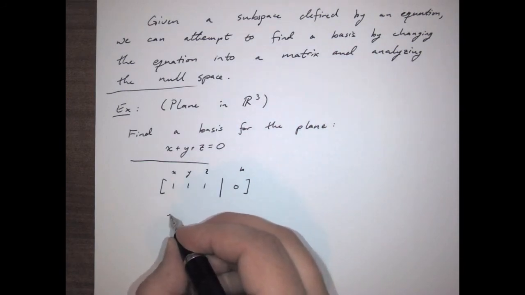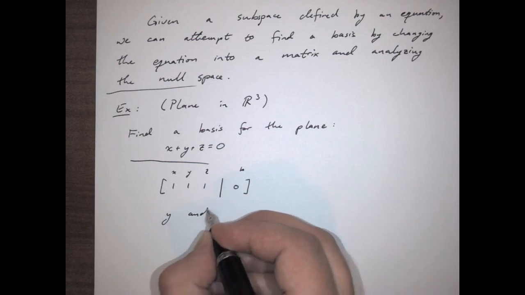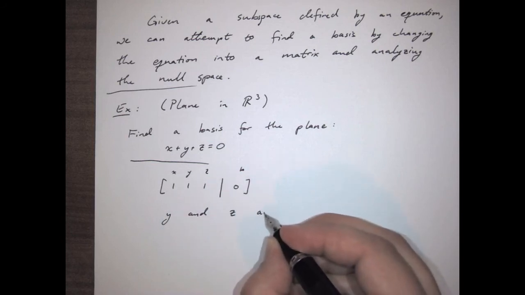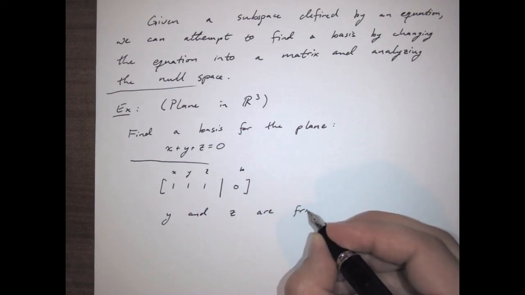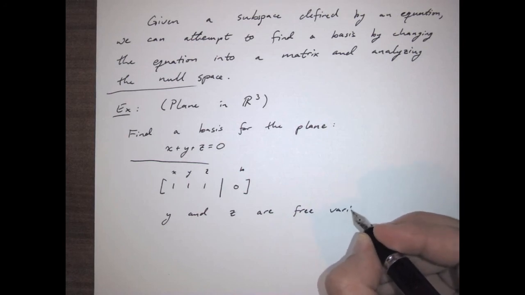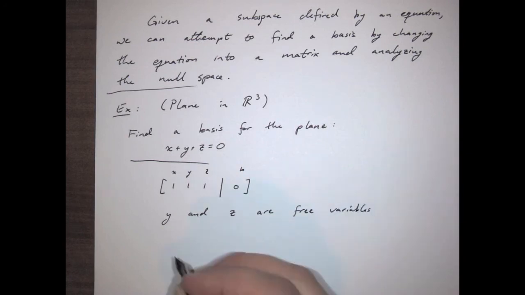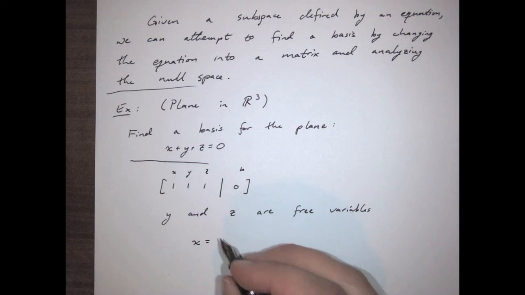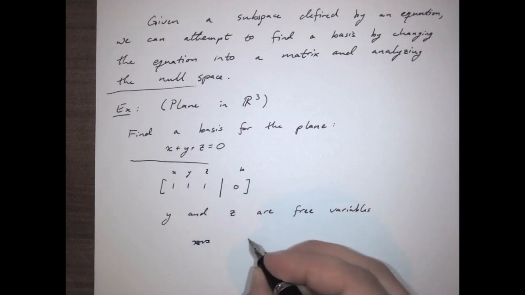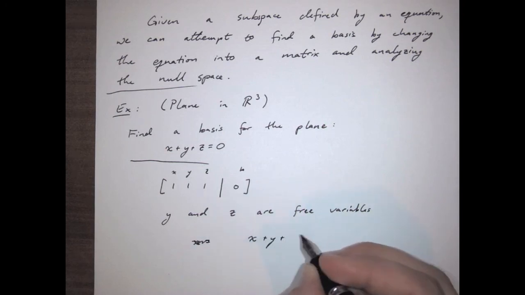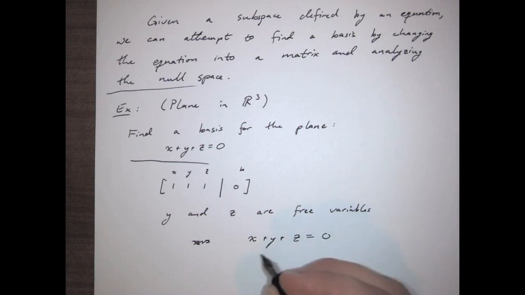So that means that y and z are free variables, and we could have x, I guess I should write it x plus y plus z equals 0, which means that x equals negative y minus z, y equals y, z equals z.